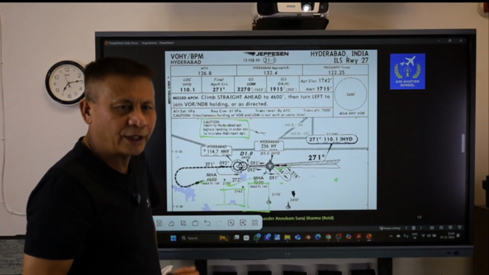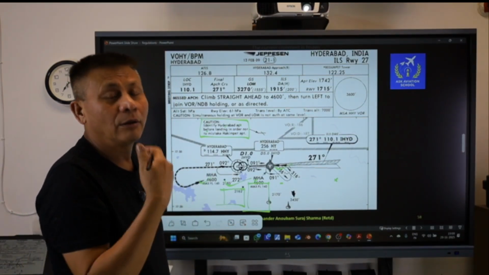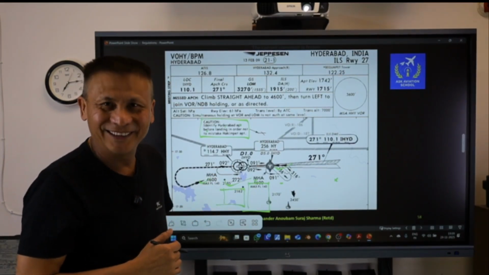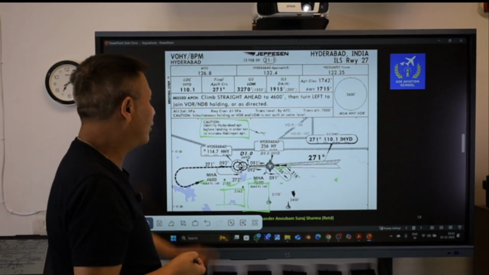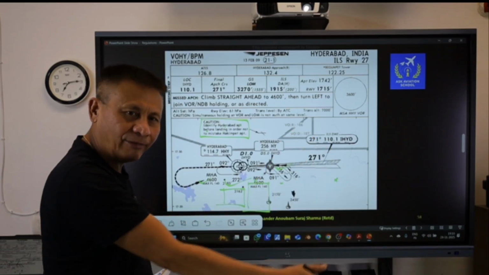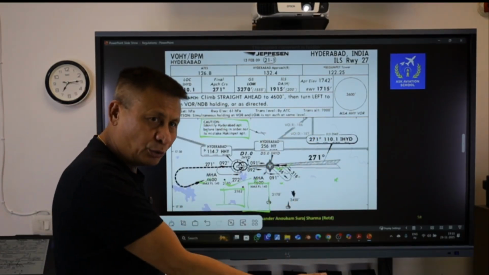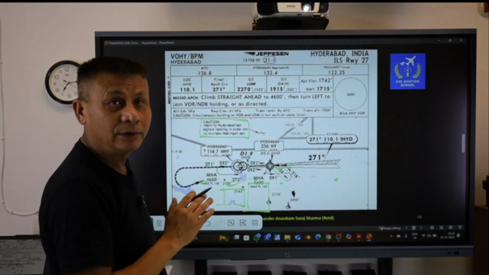So that means to say that there is another airport by the name of Hakimpet. So do not mistake Hakimpet as Hyderabad and land at Hakimpet. It sounds pretty simple, but it does happen sometimes. This is a word of caution which is given. So you need to positively identify the Hyderabad airport from the frequency you tune in and from the Morse code you listen to, etc.